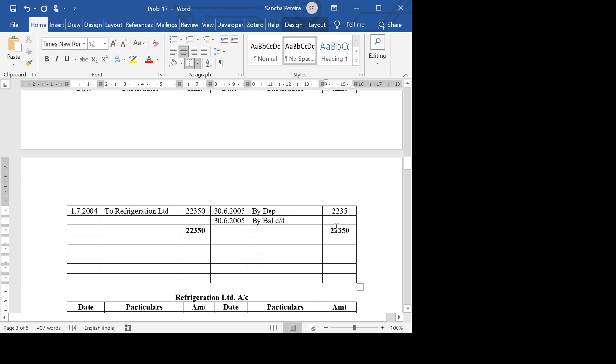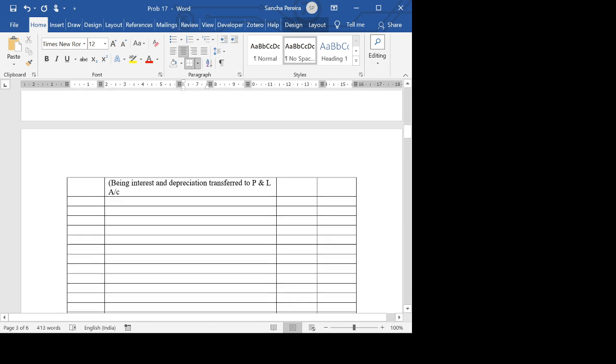So 22,350 minus 2235 is 20,115. Bring down the balance. 1st July 2005, to balance brought down 20,115. So we are done with the first year. We move on to the second year.